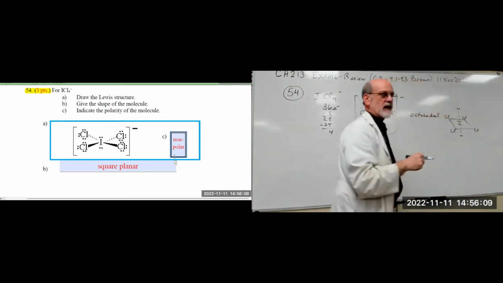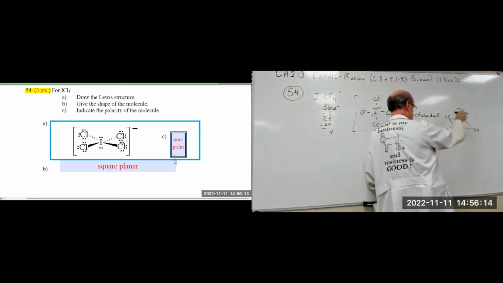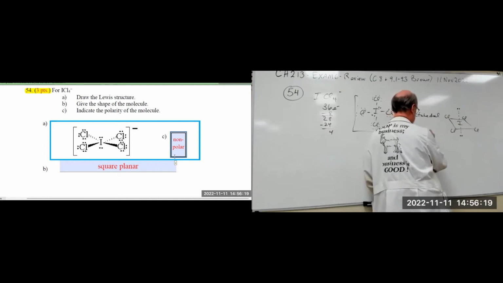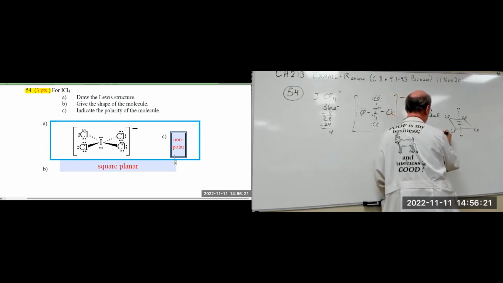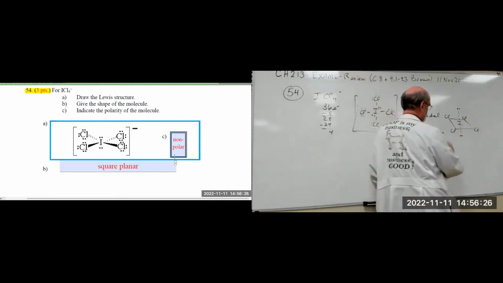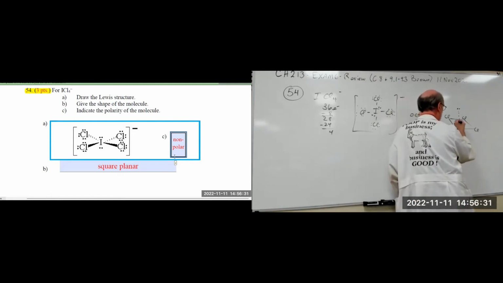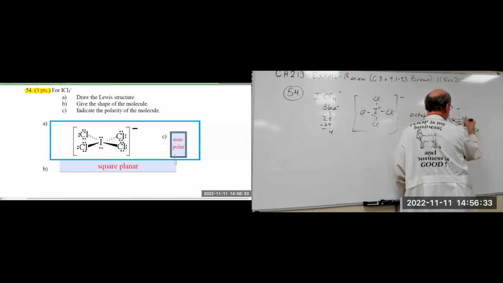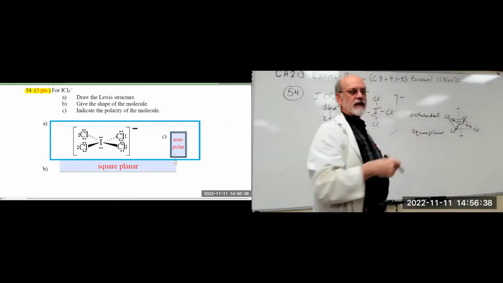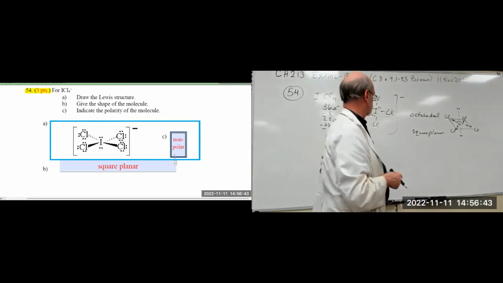That's just the way octahedrons like it. That means that the molecular structure is square planar. Right? And even though the bonds toward the chlorines have dipole moments, they all cancel one another out. Right? So it's nonpolar.